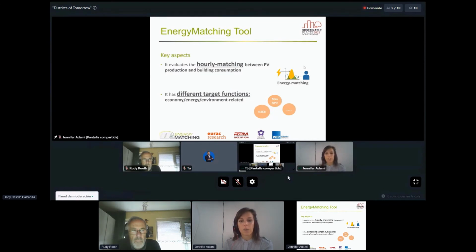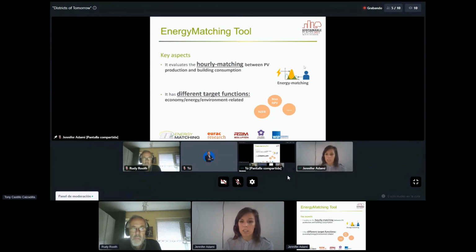And another important aspect of this tool is that we can run it setting different target functions. That could be, for example, to achieve the net zero energy building target or maximizing the net present value, and so on.